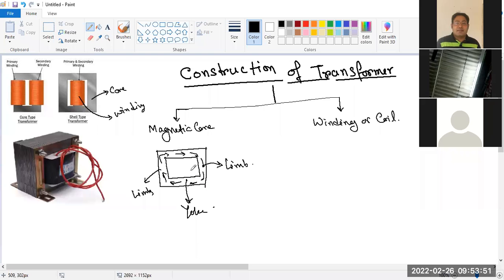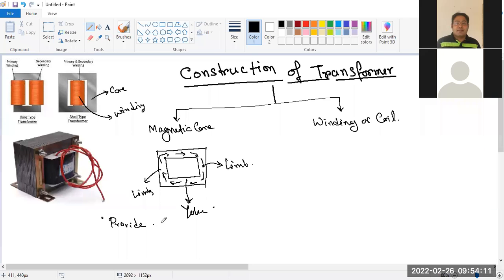Just write this down, because this is also a note. Provide a path for magnetic flux.